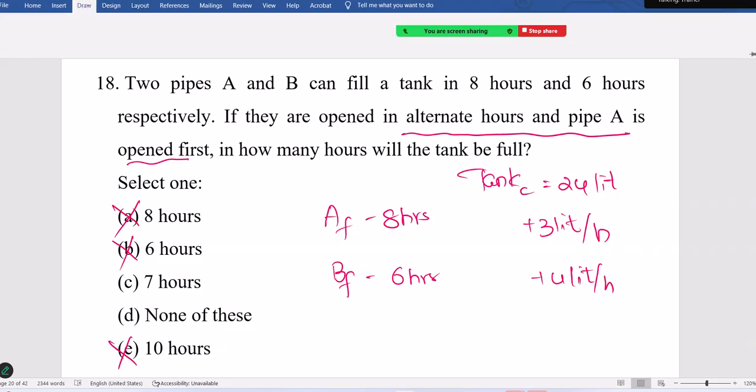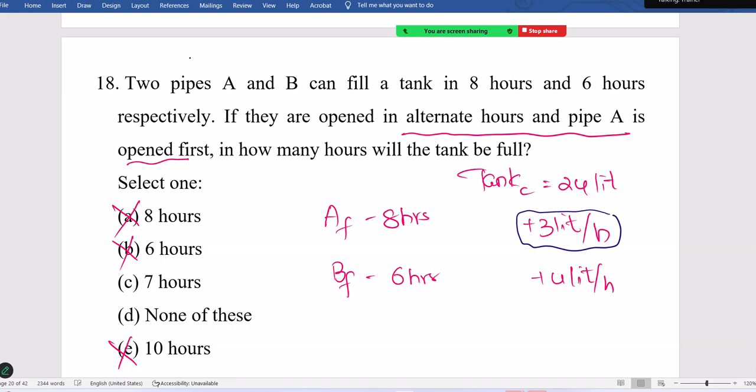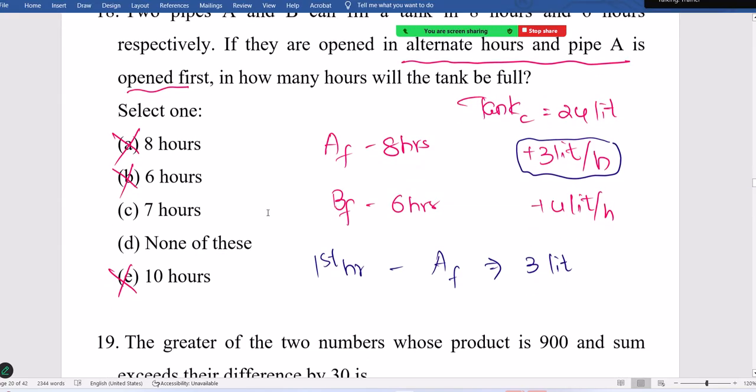Now first hour, A can fill 3 liters in 1 hour. First hour A is available, so 3 liters is added. Second hour B. Alternate hours means again there is an issue: who is starting, B and A, B and A, or A and B, A and B? They have given the clarity that A is open first.